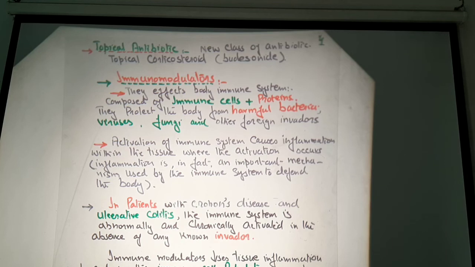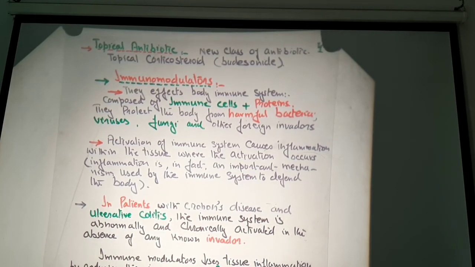Now, immunomodulators. Again, I just told you about the immunomodulators. They modulate the action of the immune system. The immune system is the defensive system, or the mechanism against foreign components in the body, and that is known as the immune system.